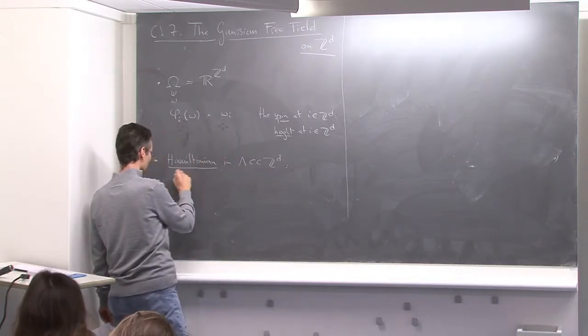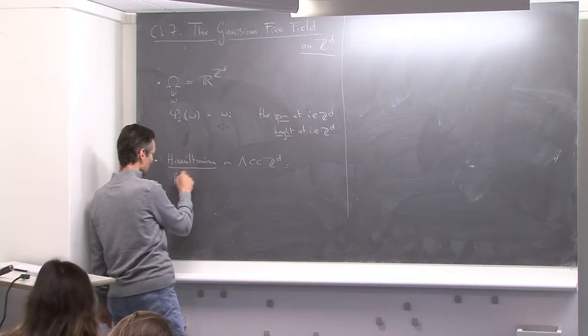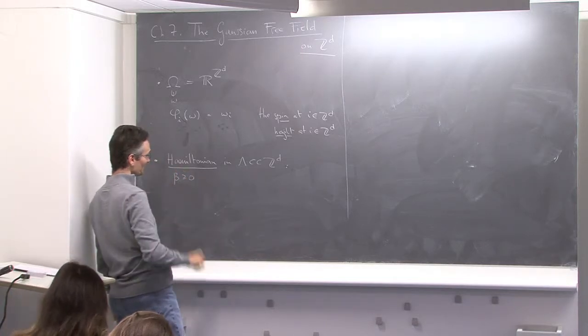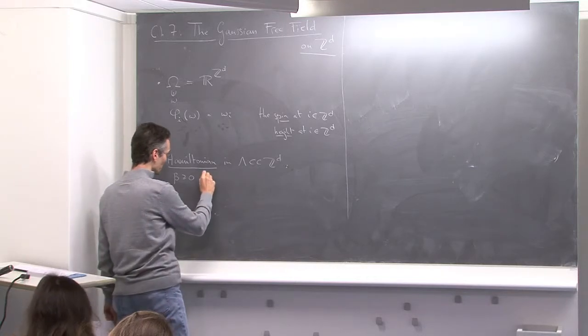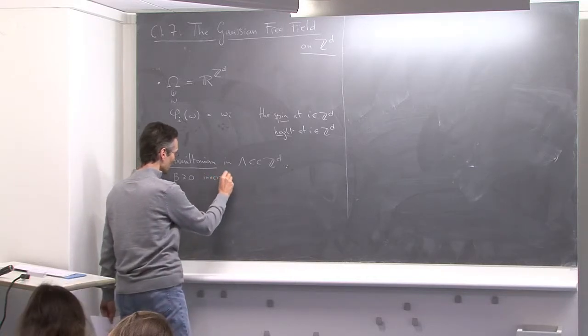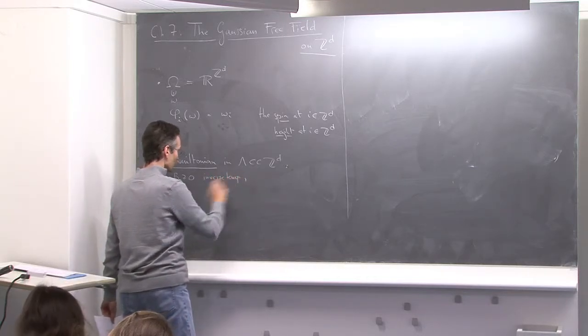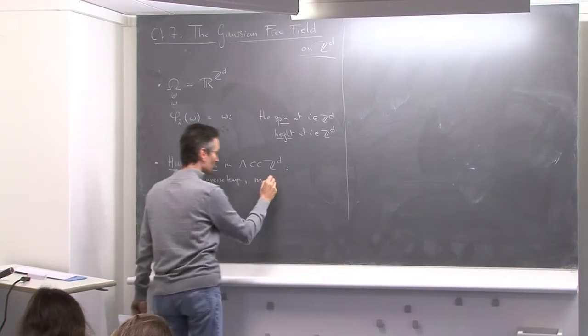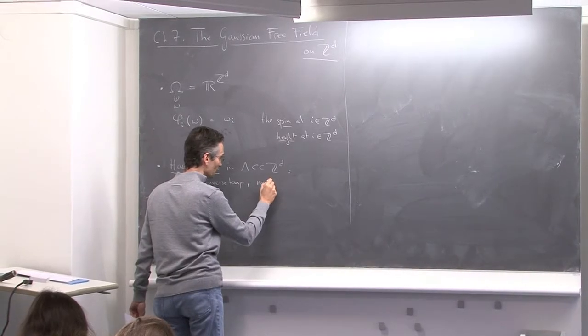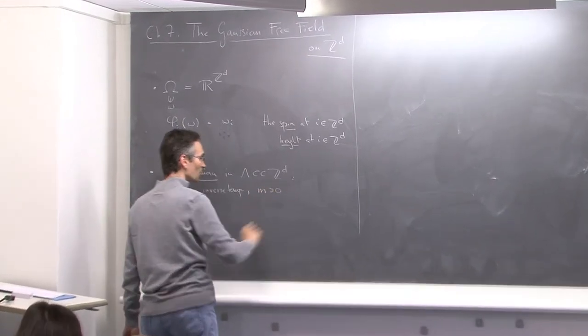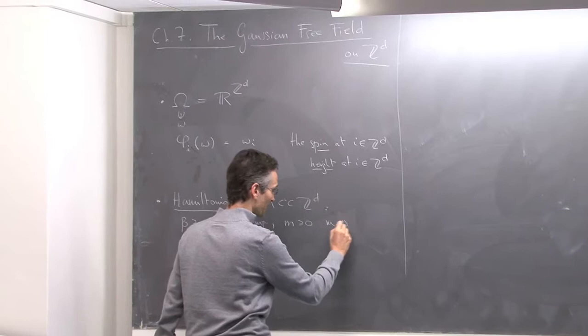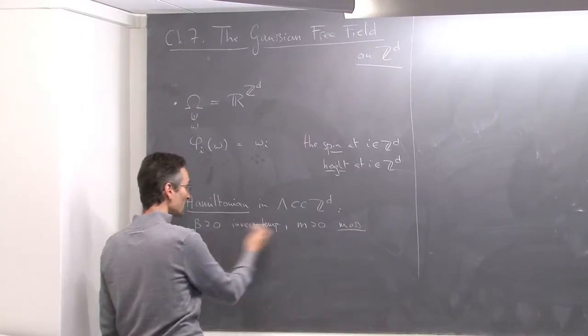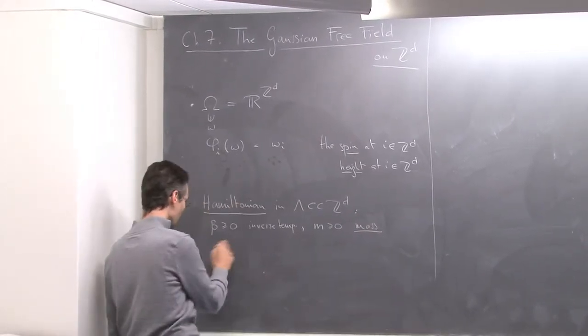Beta will be again a non-negative real number, which will be the inverse temperature. And I need a second parameter, which I will denote by m. This will also be greater than or equal to 0, and I will call it the mass.